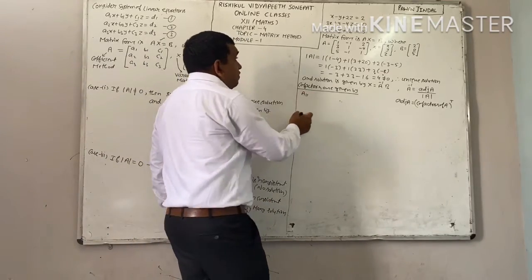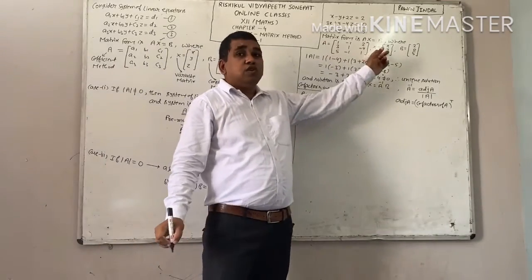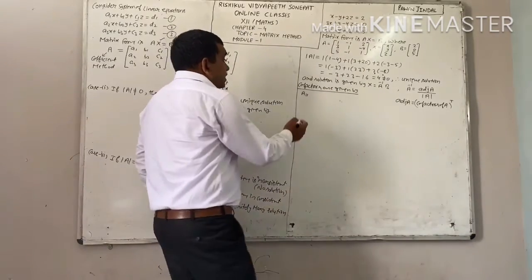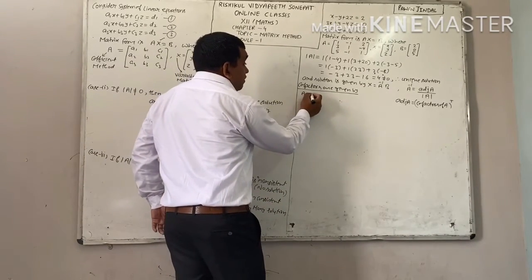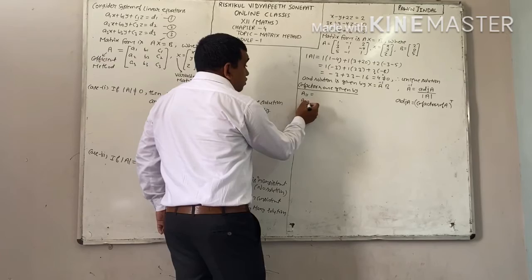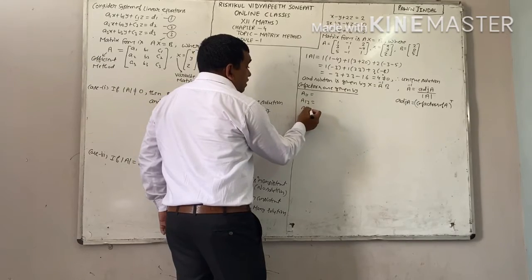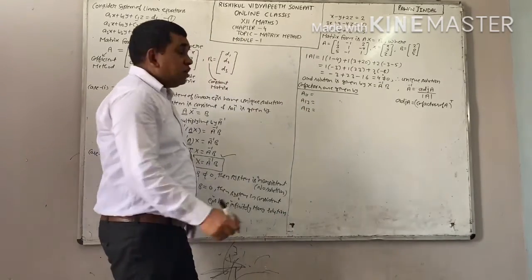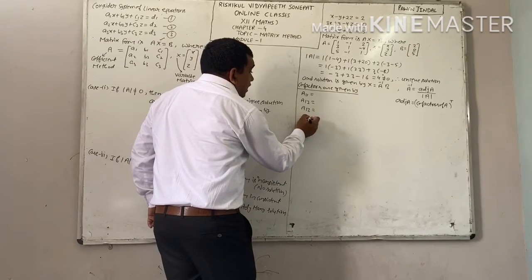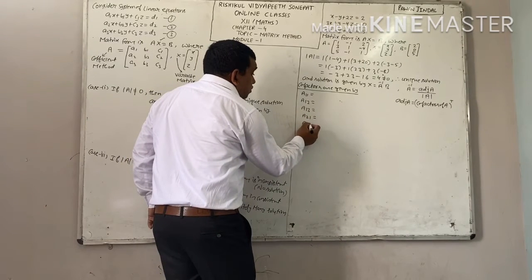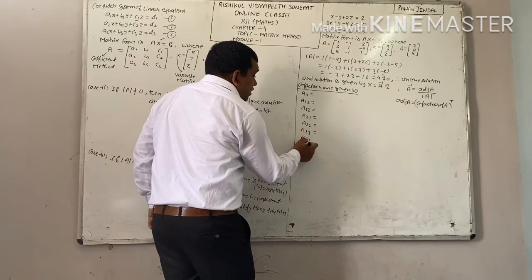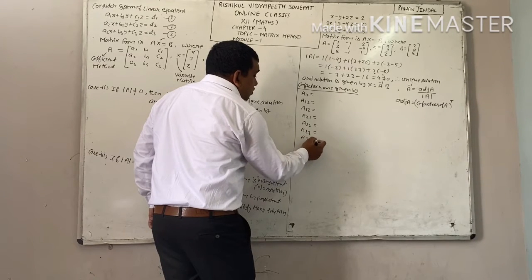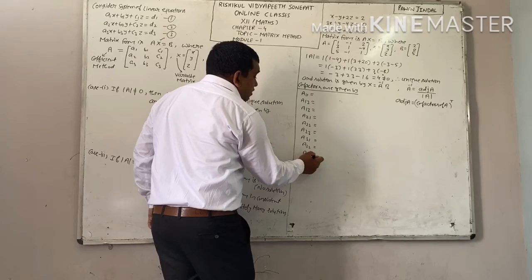First of all, we will find out the cofactors for the first row, then second row, then third row. And the symbol for cofactor is capital letter A11, A12, A13. Right? This is for the first row. Now for the second row, A21, A22, A23, A31, A32, and last is A33.